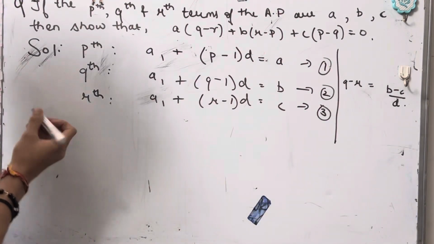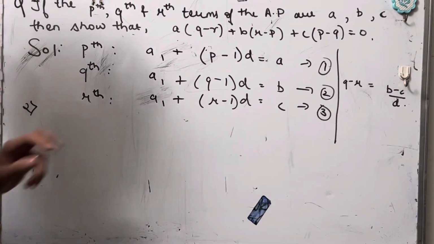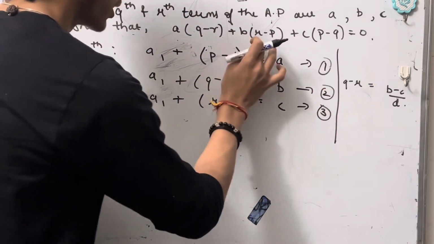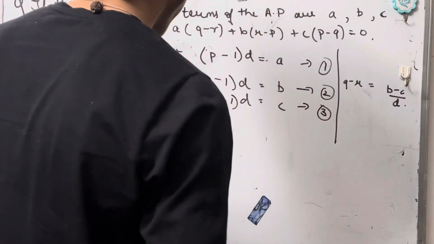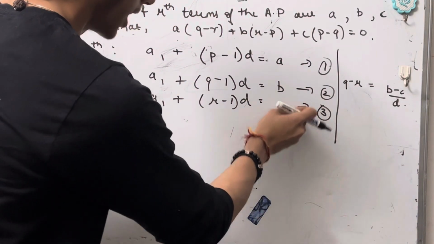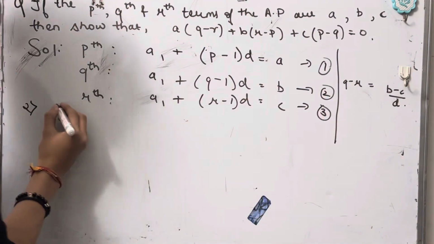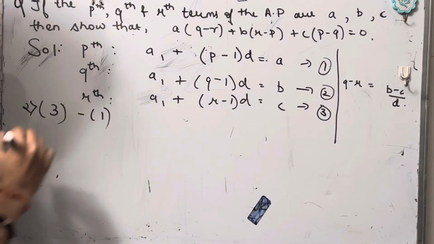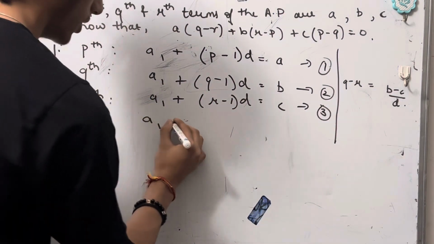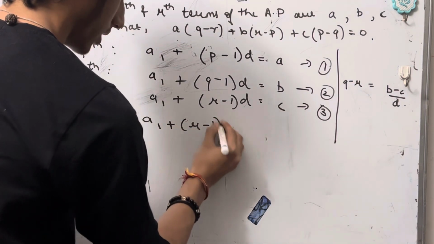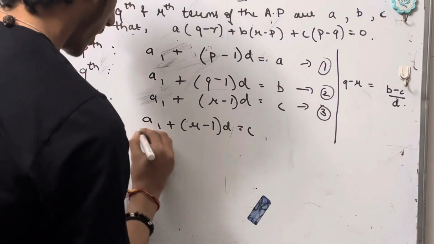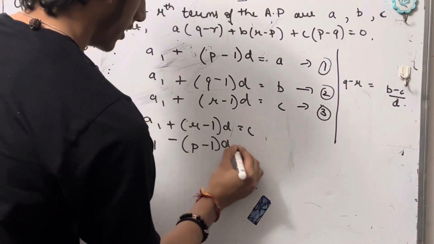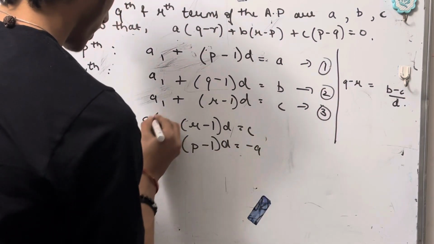Similarly, now in the second part we will subtract. We have to get the value of R minus P, so we will subtract equation 3 and equation 1. Equation 3 minus equation 1. So from this again I will get similar values. (R minus 1) into D is equal to C, minus of A1 minus (P minus 1)D is equal to minus A. This gets cancelled.